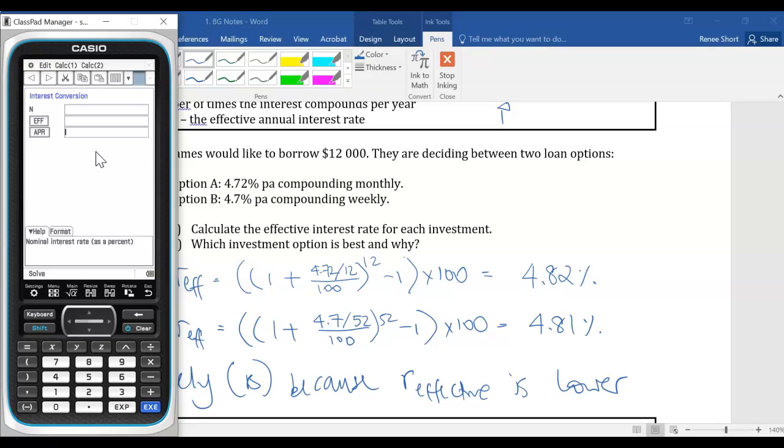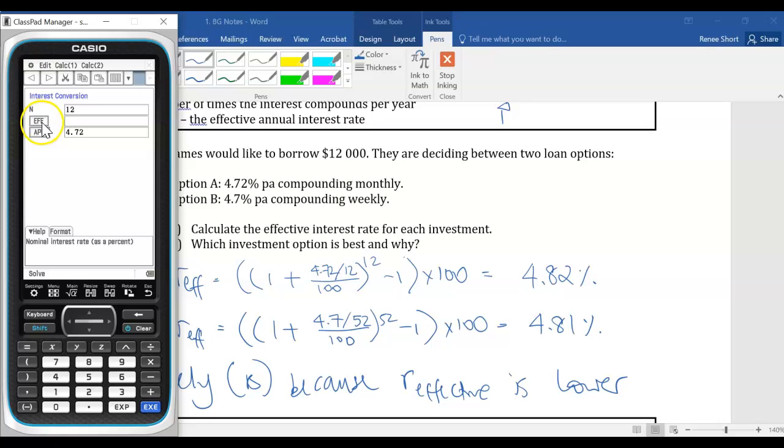Okay? So if we suss this out for this question that we just did together, for part A, we said that it's 4.72% per annum, compounding monthly. So I'm going to put in 12 for N because that's the number of times it's compounding in a year. That nominal rate is going to go in my APR box, and because it's there as a percent, I just have to type in 4.72.